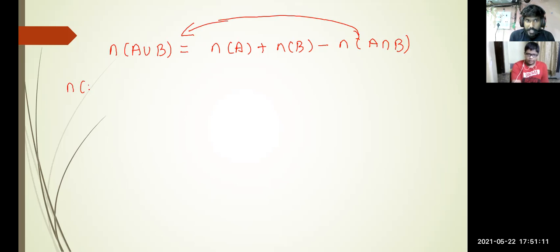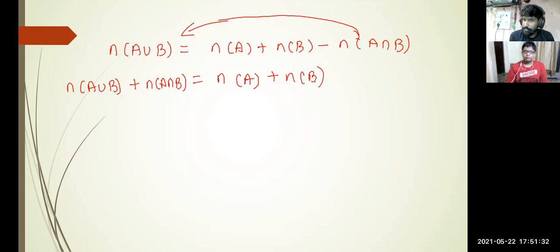So n(A ∪ B) as it is, and minus n(A ∩ B) came to the other side, what will it become? Plus. So plus n(A ∩ B) is equal to this as it is, n(A) + n(B). This much clear?